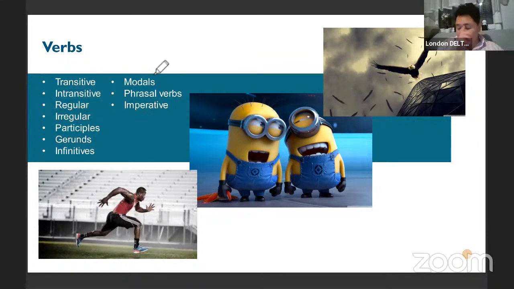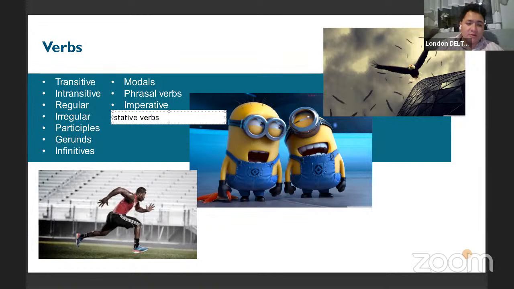Now, in English, we also have verbs that are, oh, I forgot. They are stative verbs. And we also have active or action verbs. Maybe you remember stative verbs and action verbs.